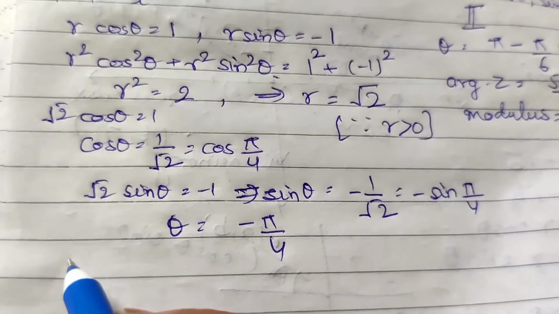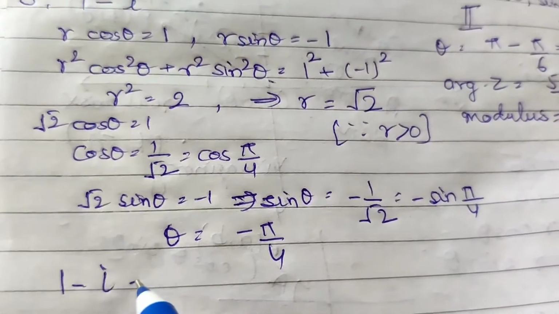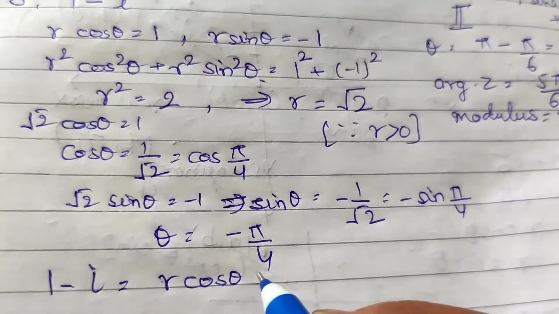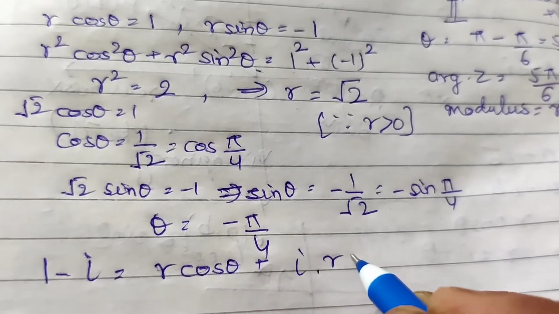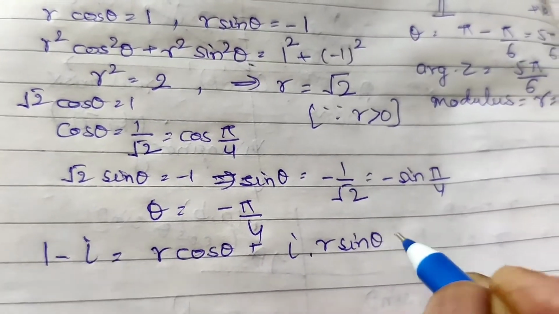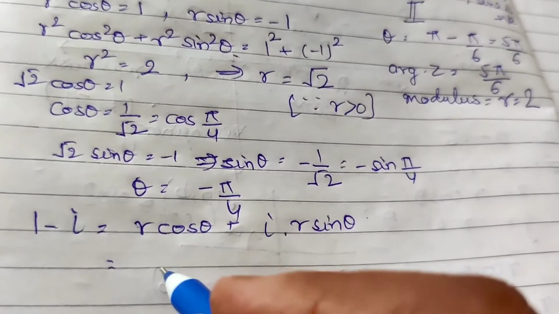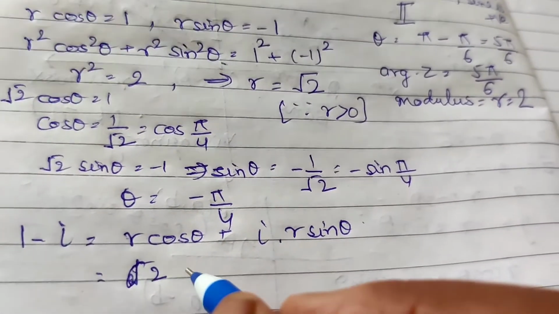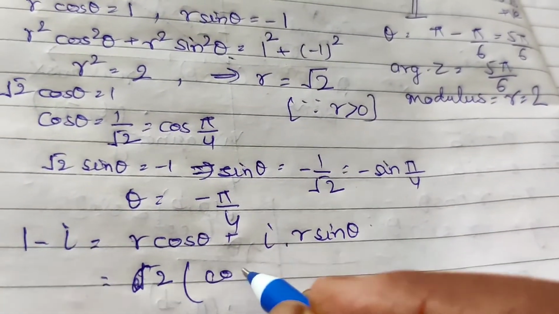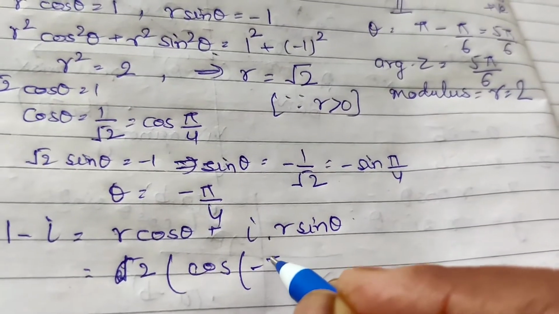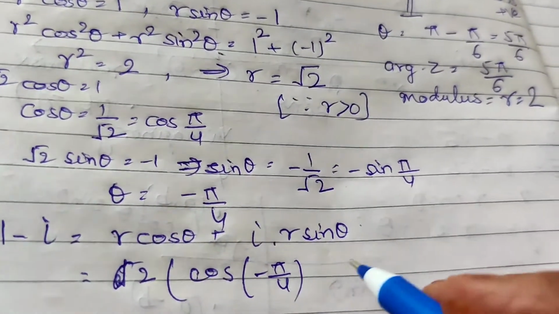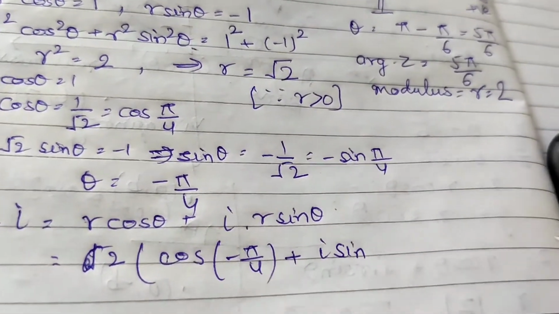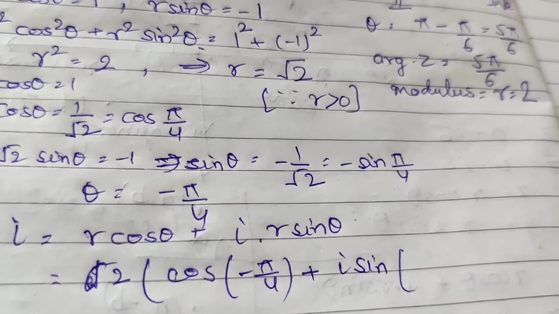Therefore, we can write in the polar form: 1 minus i equal to r cos theta plus i r sin theta. Put the values. r is root 2, cos minus pi by 4 plus i sin minus pi by 4.